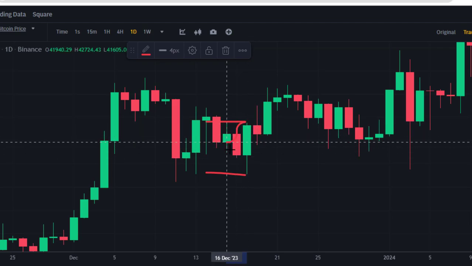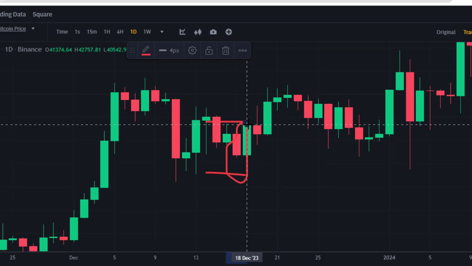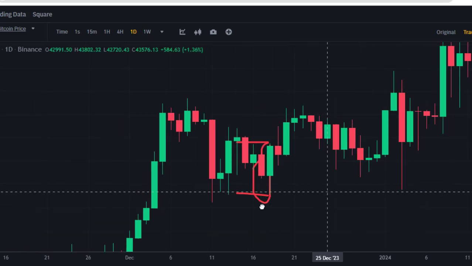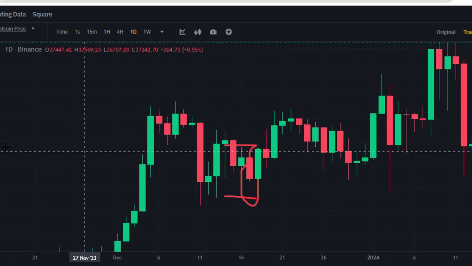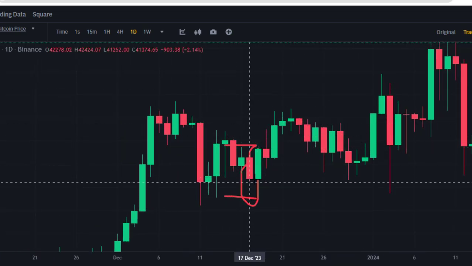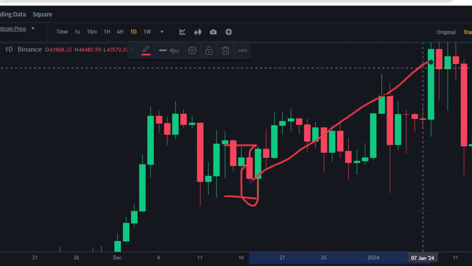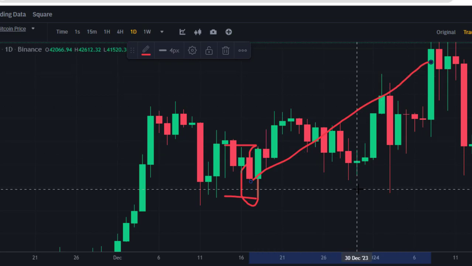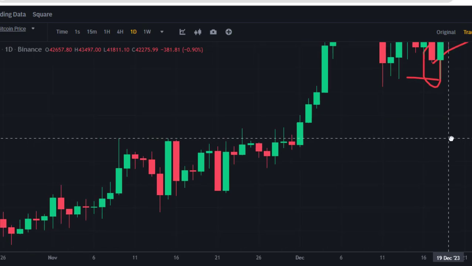So these two candlesticks right here form the bullish engulfing pattern. Then after the formation, the market begins to move to the upside. So from this very area, the market moves upward, and from here you can take a buy trade or a long position to the upside, which is very important.